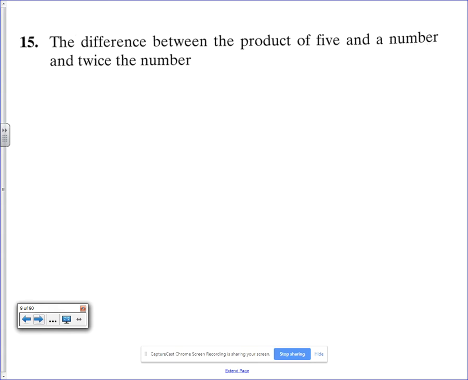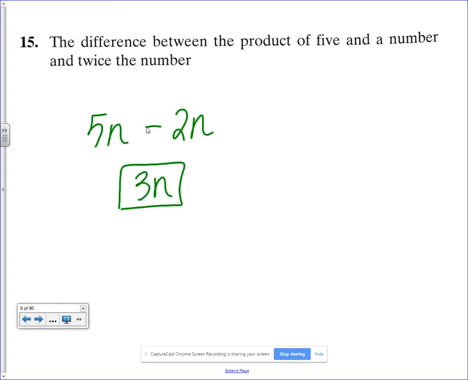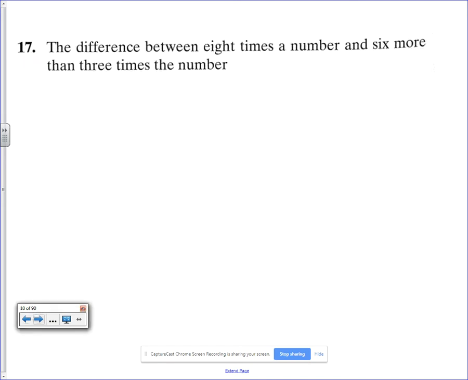The difference, so that's subtraction, between the product of 5 and a number and twice the number. Again, they don't tell me it equals anything, so the only thing that I can do here is combine them and simplify. All right, last one in this section here.